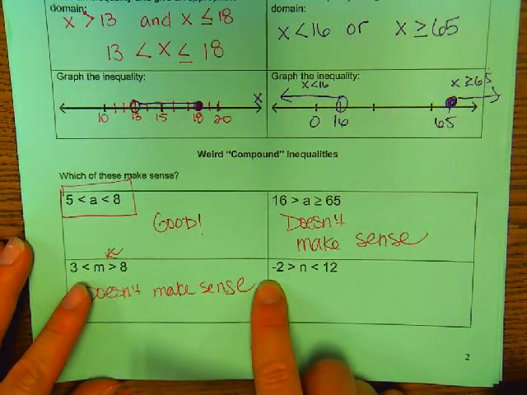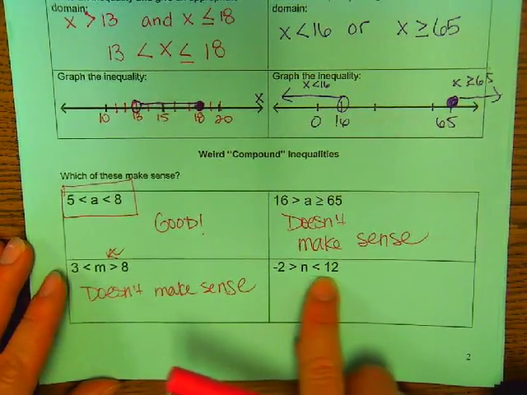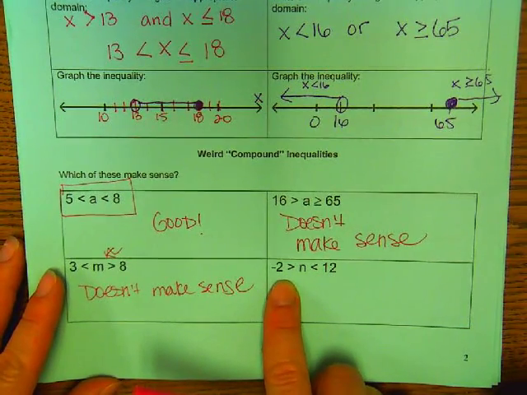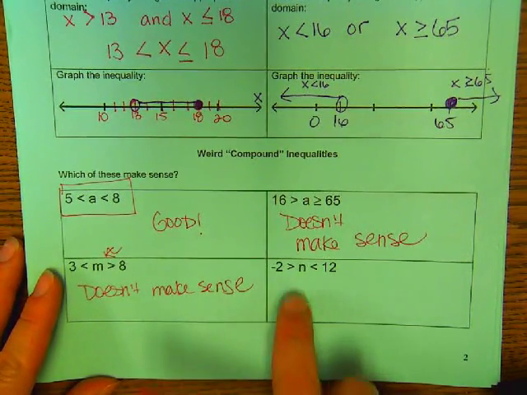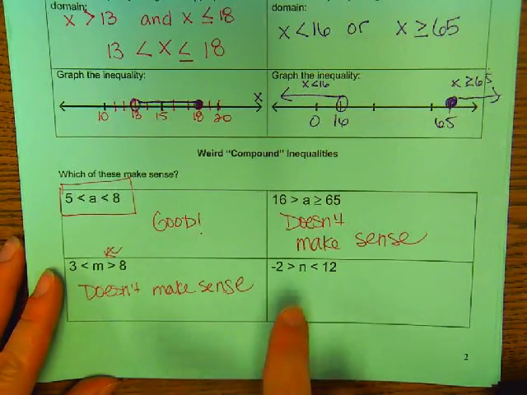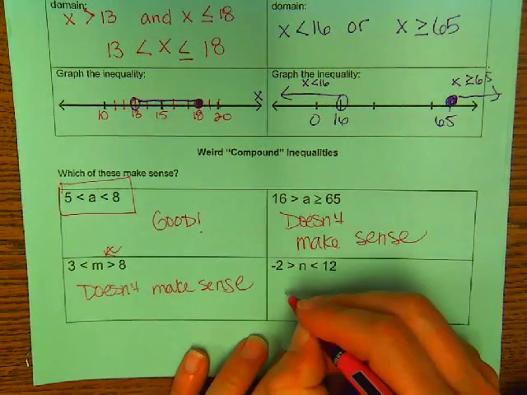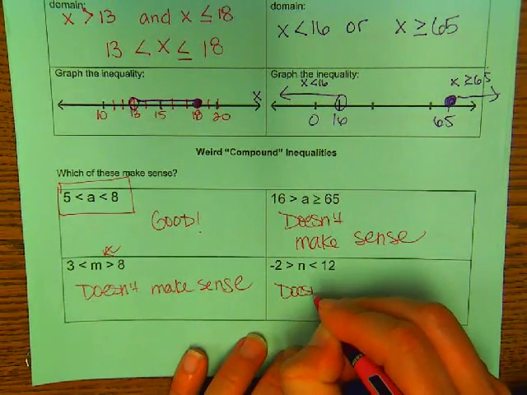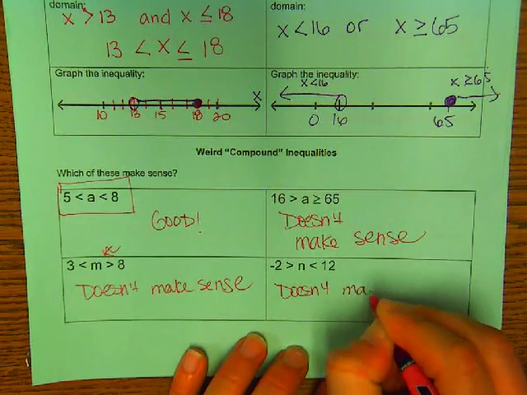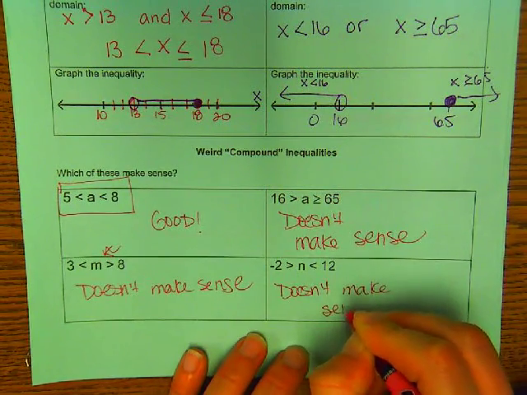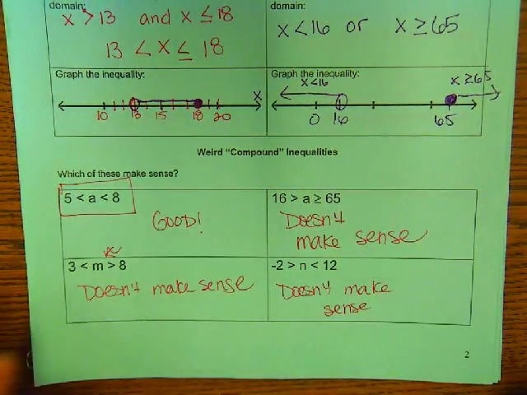N is less than 12 and N is less than -2. Again, this is an inequality that doesn't make sense because it's written like an and. If it's written like an and, there should be a complete overlap. So I'm going to say, again, this doesn't make sense. So we got not weird, weird, weird, weird.